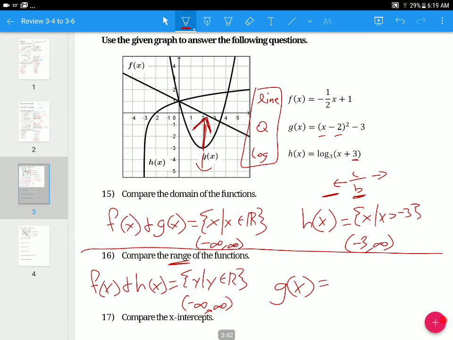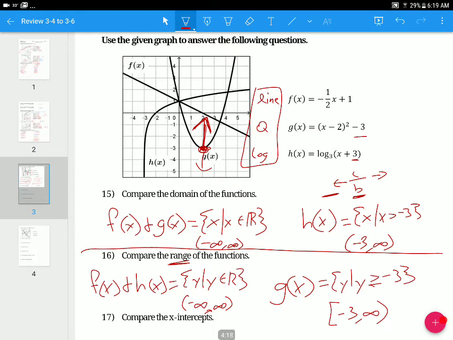So y is greater than or equal to, because you can be that point, negative 3, which is your d value. I'm sorry, it doesn't say c over b, it says your d value. I apologize. Or you can say the interval negative 3 to infinity, with a bracket, because you can be that point.